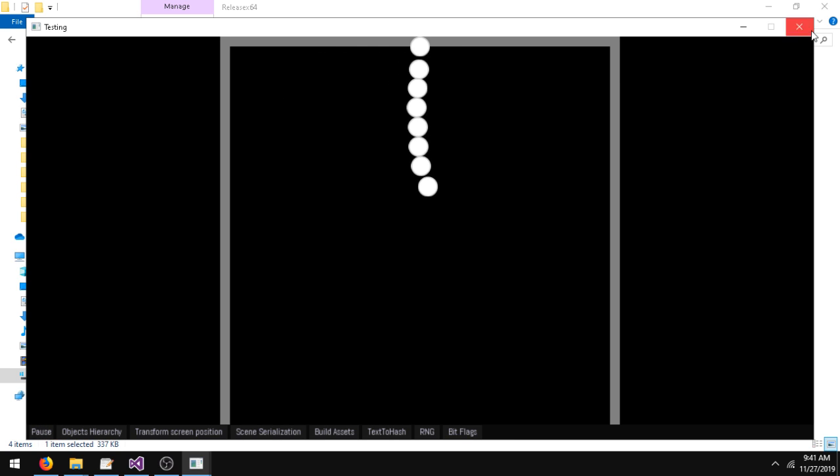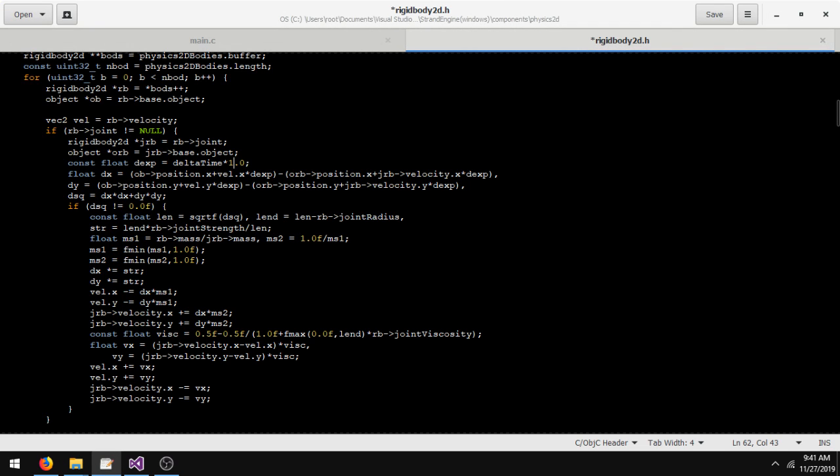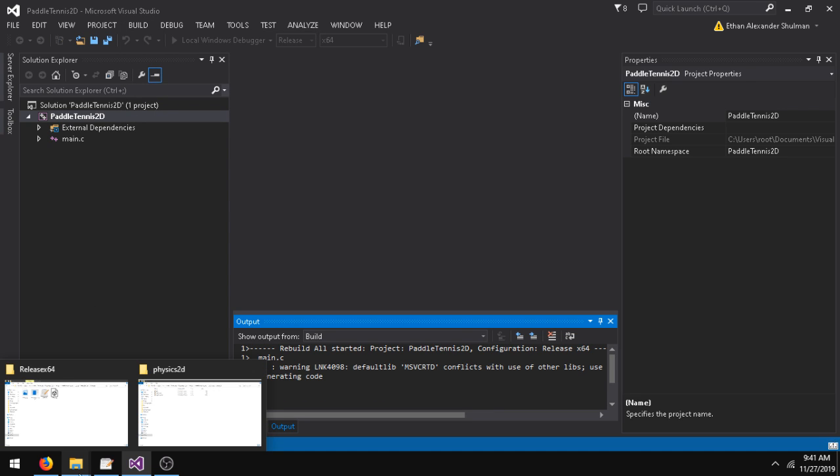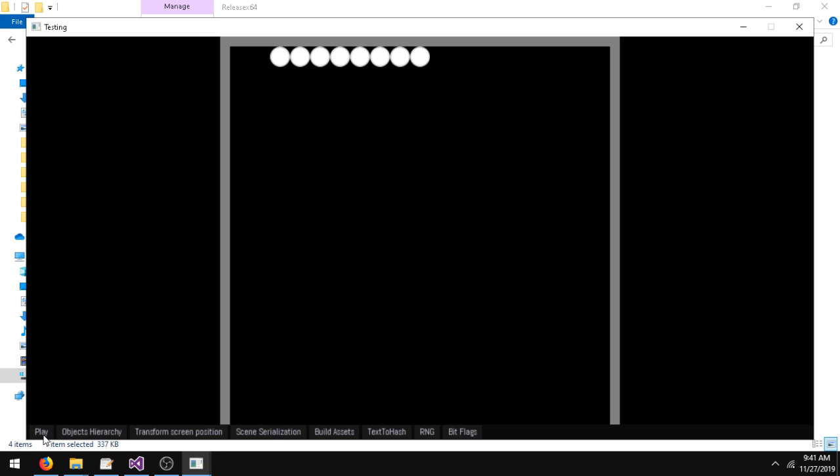Yeah, so the issue with this is it keeps them connected too much that it actually slows them down.